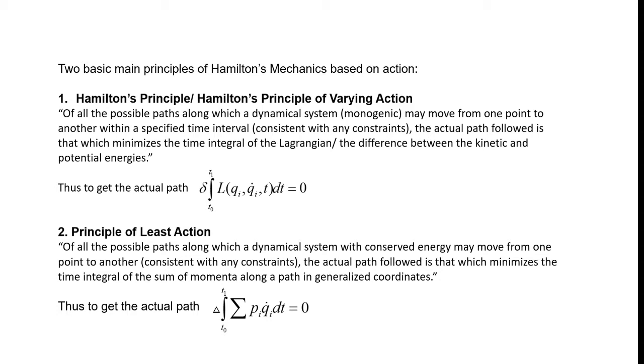If we look at Hamilton's principle, which we have already discussed, in that principle it was said that for a monogenic system, of all possible paths along which a dynamical system may move from one fixed point to another fixed point within a specified time interval, that means the time is fixed, the actual path followed will be the path which minimizes the time integral of the Lagrangian.